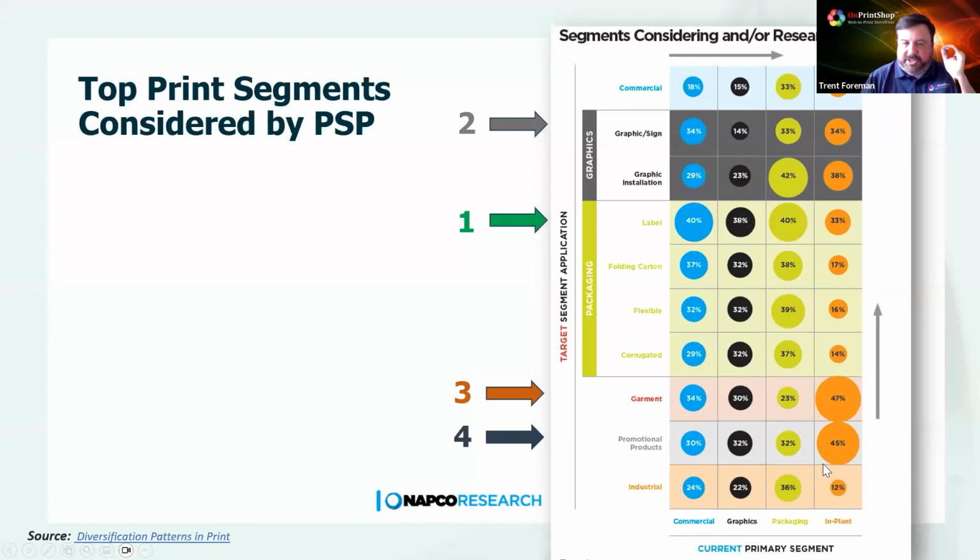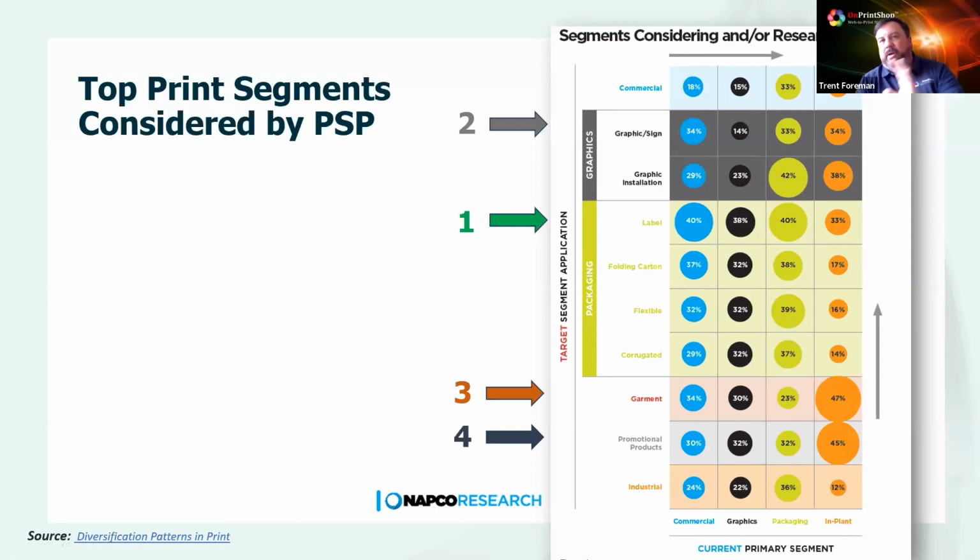I had this conversation last week with a customer, an implant customer, that's saying, "Hey, I need to be able to provide more of this type of product to my customer base, which is an internal customer base, but also be able to go out and maybe expand my offerings a little bit." So, we see where promotional products, garments, labels being one of the big ones, and then even just graphics and signs, graphic installation, in packaging is really starting to hit hard.